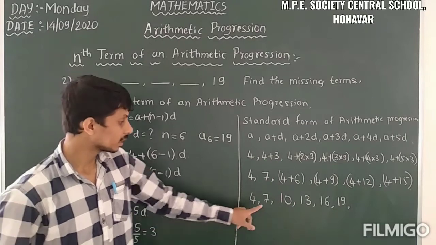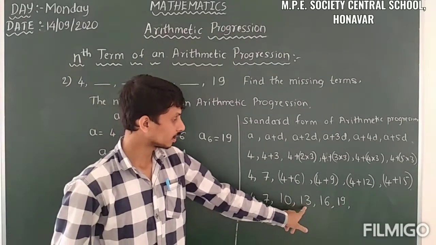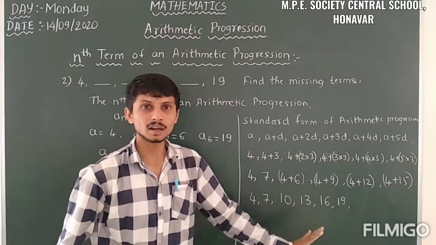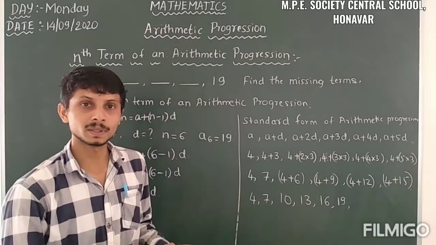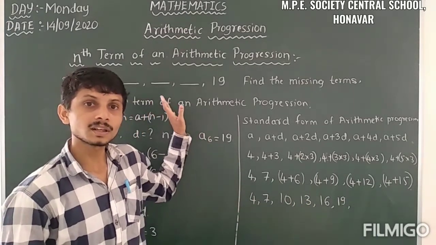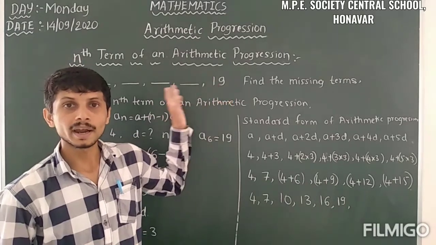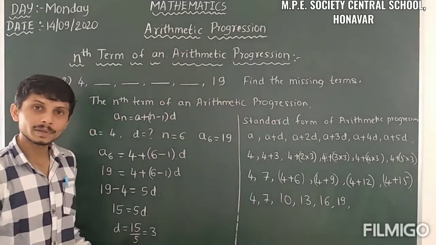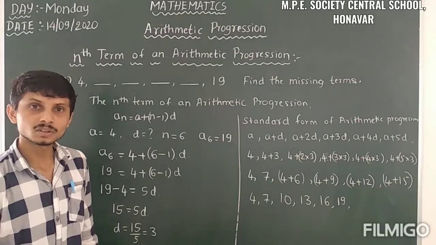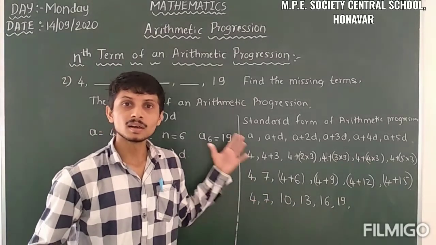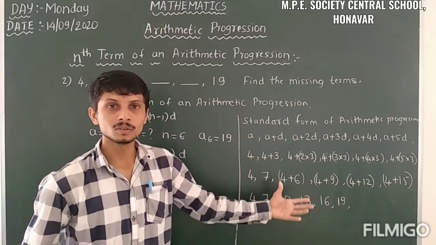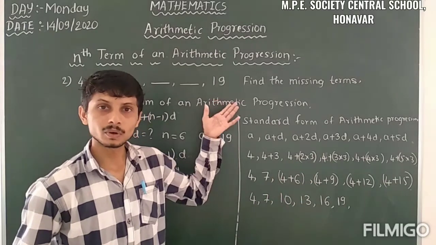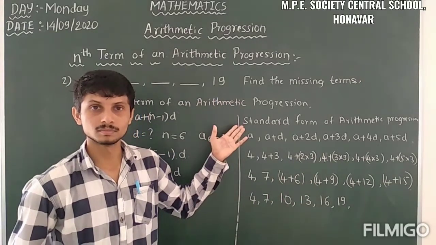What are the missing terms here? 7, 10, 13 and 16. These four are the missing terms of an AP where the first term is 4 and the common difference is 3. Here we have the missing terms of this given arithmetic progression.